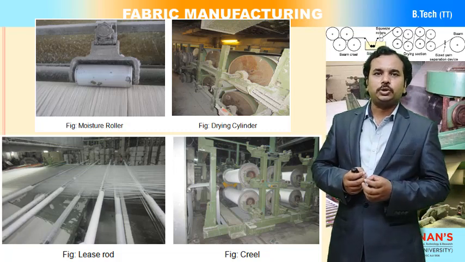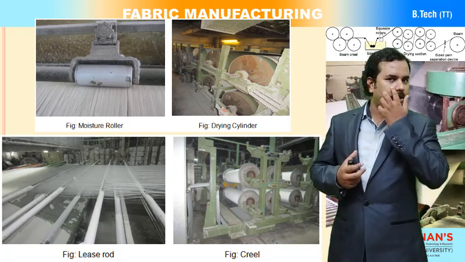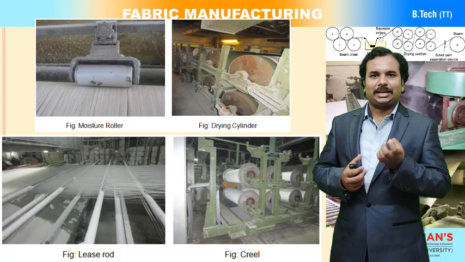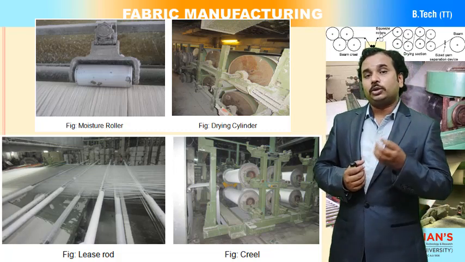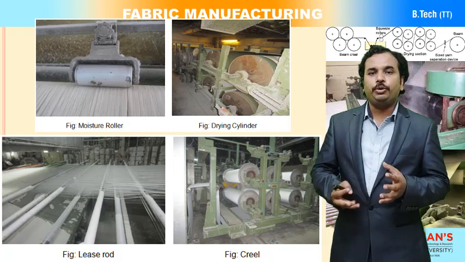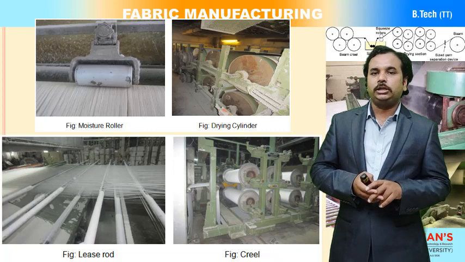And there are lease rods to split the warp sheet into several layers so that any sticky ends are individualized. The ends are going to become individualized by the use of these lease rods.